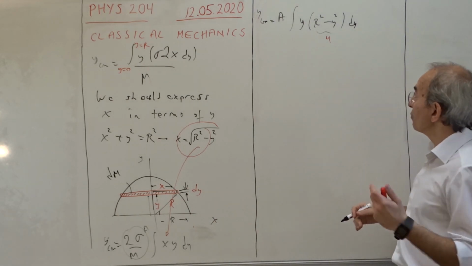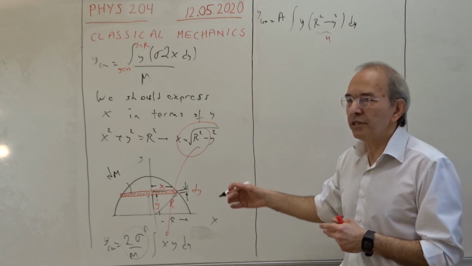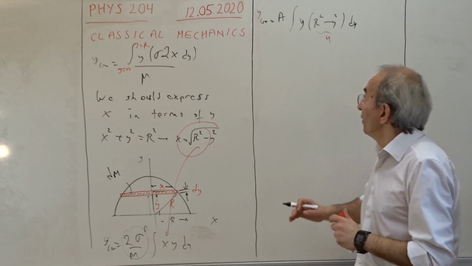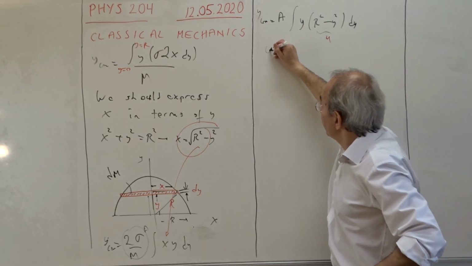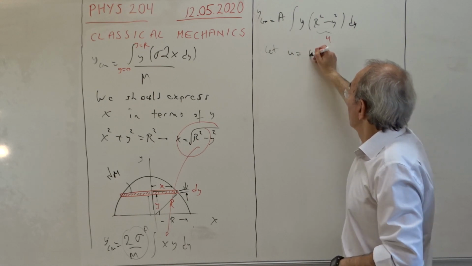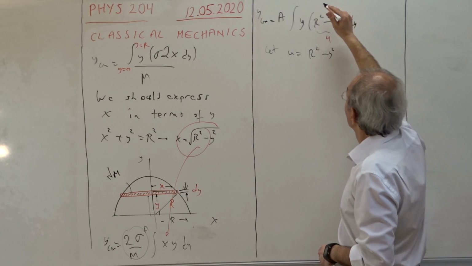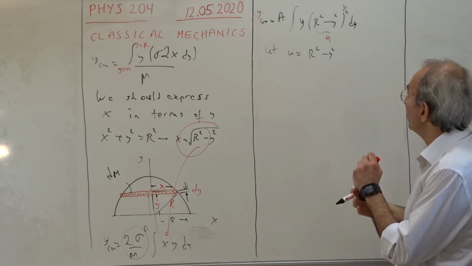That is one way. The other way can be a trigonometric substitution, which we need in the following hemispherical case. For this case, let's choose the easier one. Let u be r squared minus y squared, with the power of 1/2.